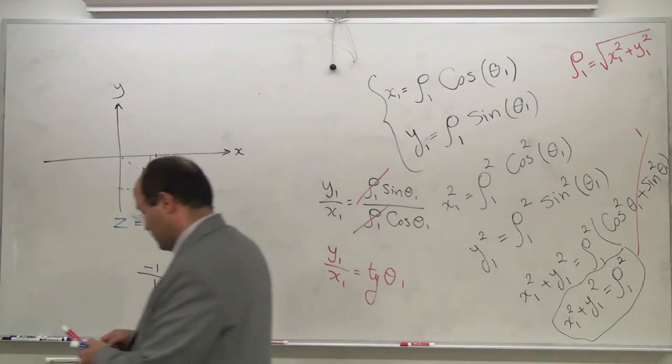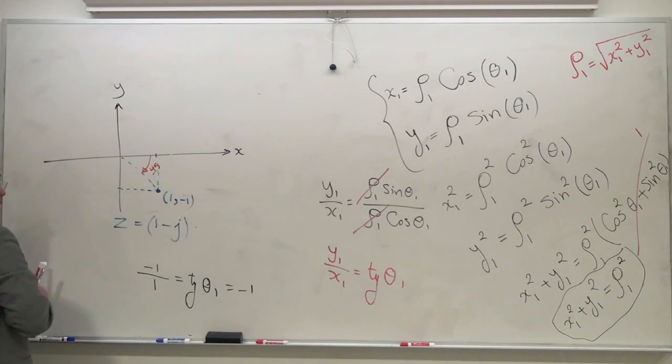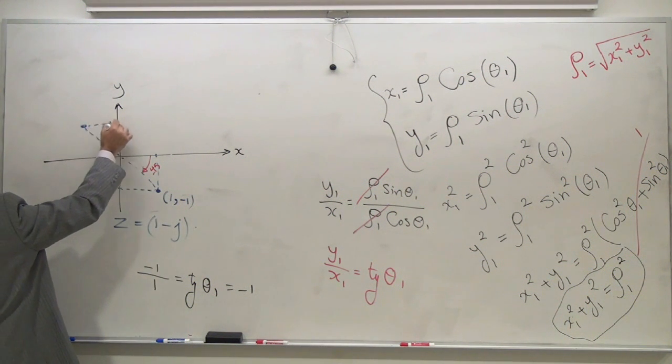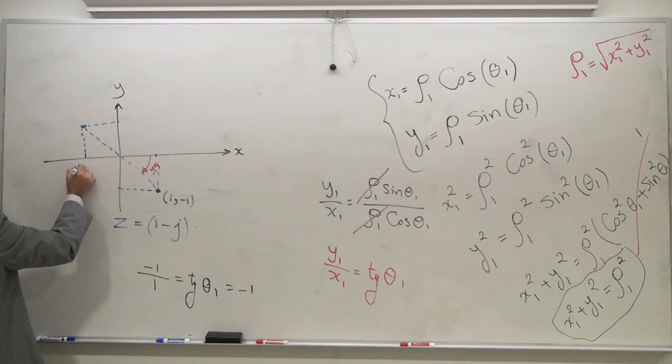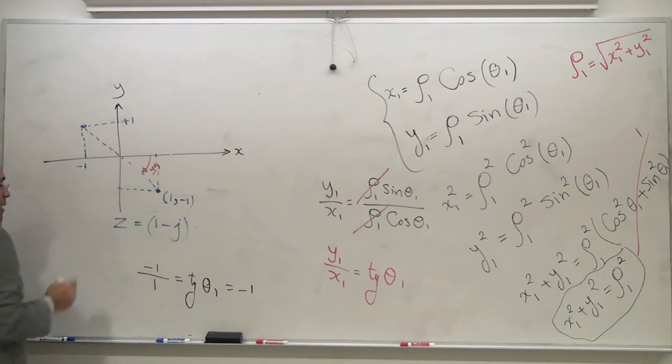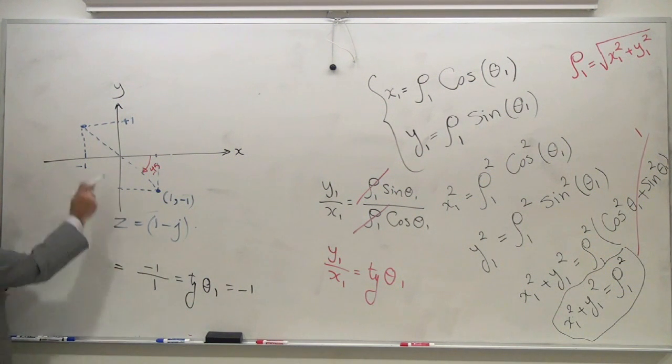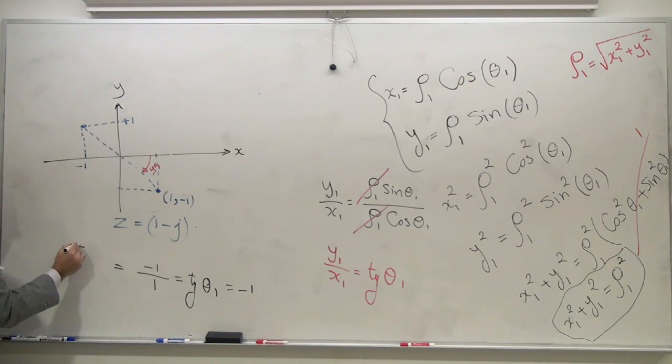What if the point is actually a mirror point? Right here. This is minus 1, this is plus 1. Still you are going to get the same response. Take a look at this ratio. This time your y is positive, your x is negative. Right?